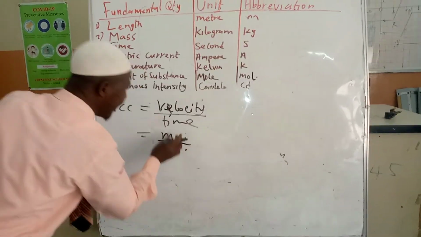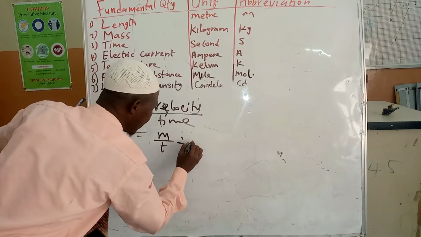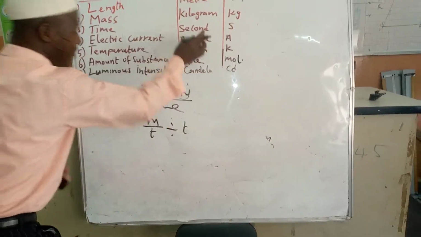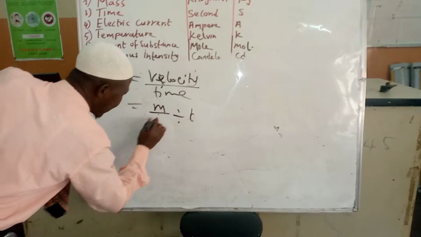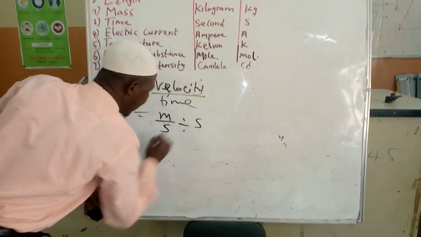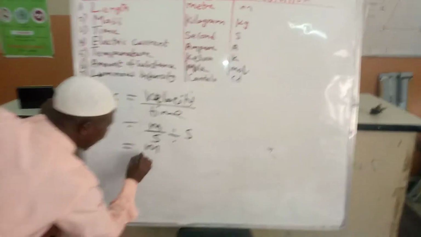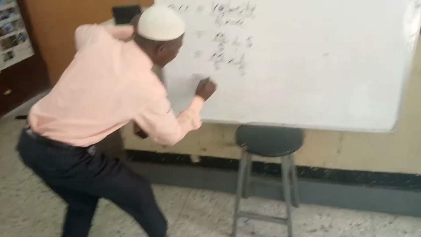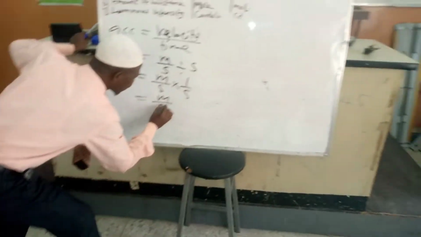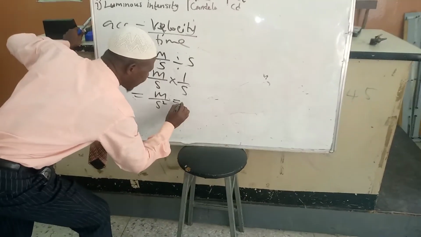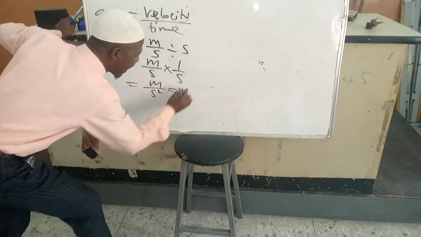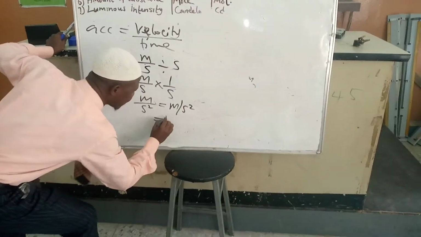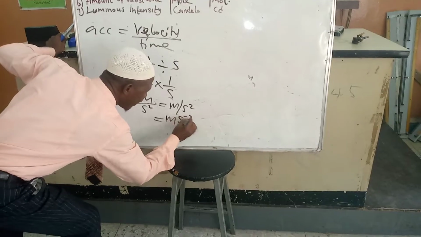Then divide by another time. The unit of time is seconds, so you can replace each time with s. We are going to have meter over s multiplied by 1 over s, which gives us meter over s squared. In physics we write it as meter per second squared, or you can write it as meter seconds raised to the minus 2.